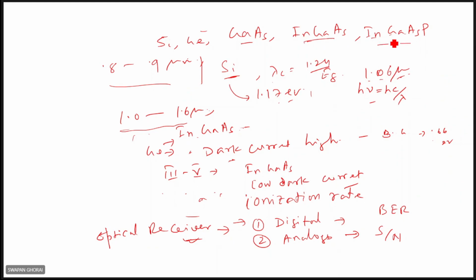These are also useful because these detectors have high quantum efficiency, fast response speed, and low dark current. They also have a large difference between electron ionization rate and hole ionization rate. Of course, silicon has the largest difference of ionization rate. Thus, silicon is widely used for the short wavelength regions.